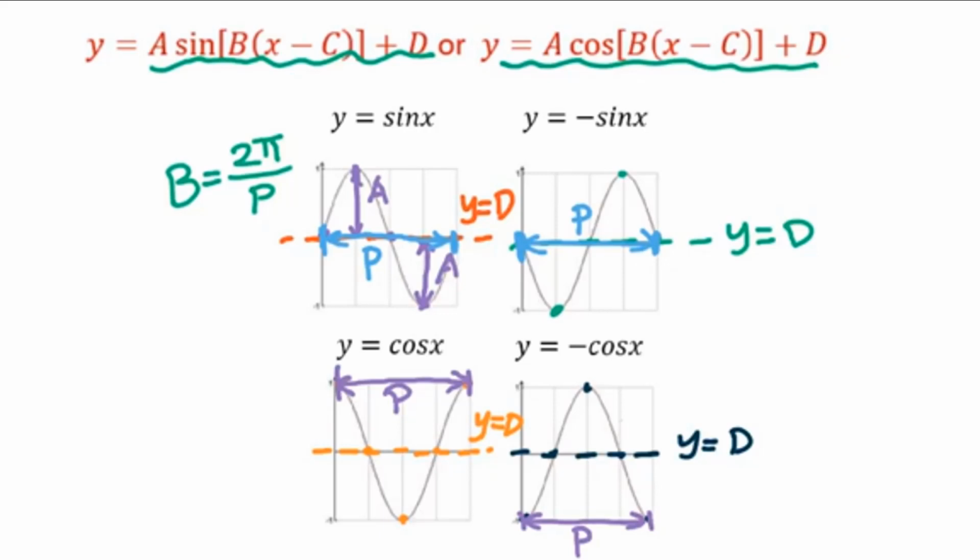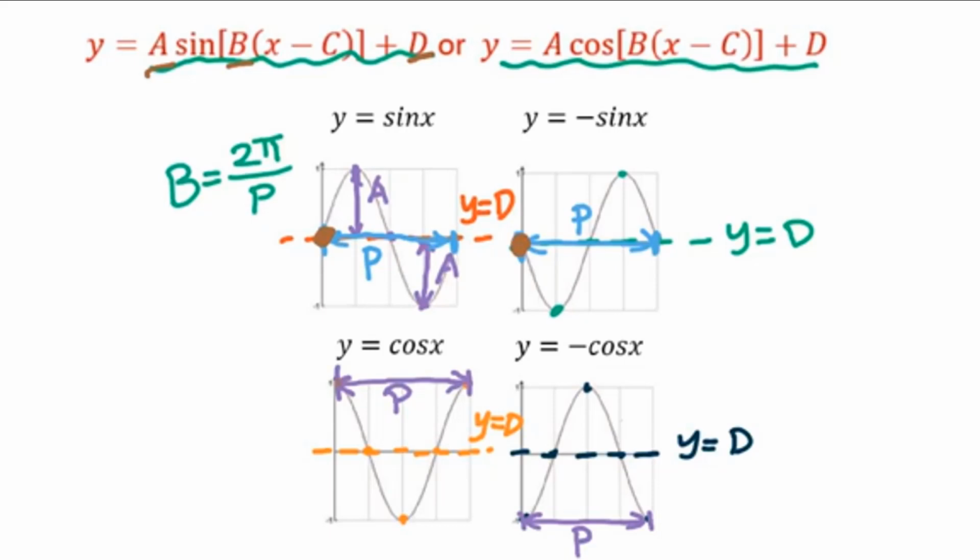We already figured out the A, B, and D. C is the hardest part to figure out. We need a starting point. For the sine x pattern, this is the starting point. For negative sine x, this is your starting point.